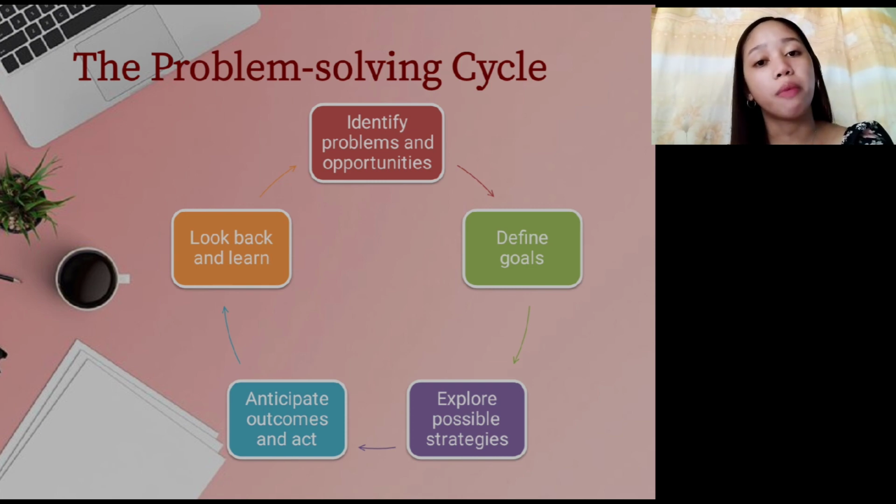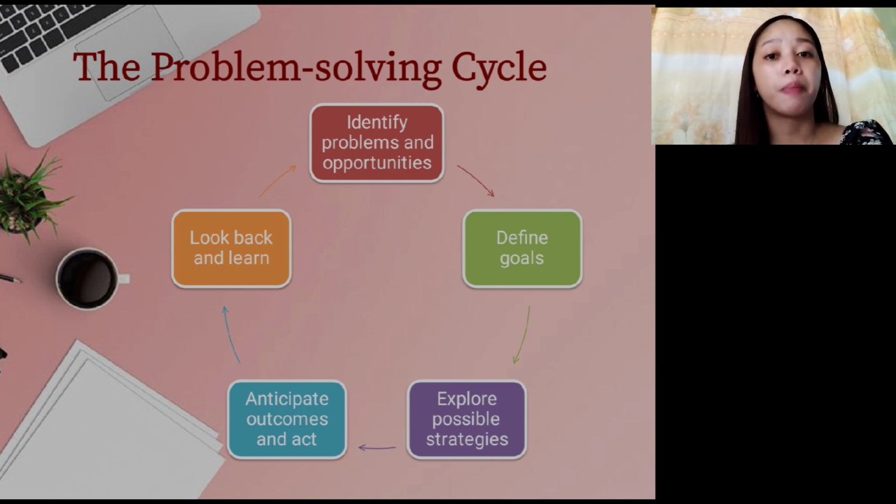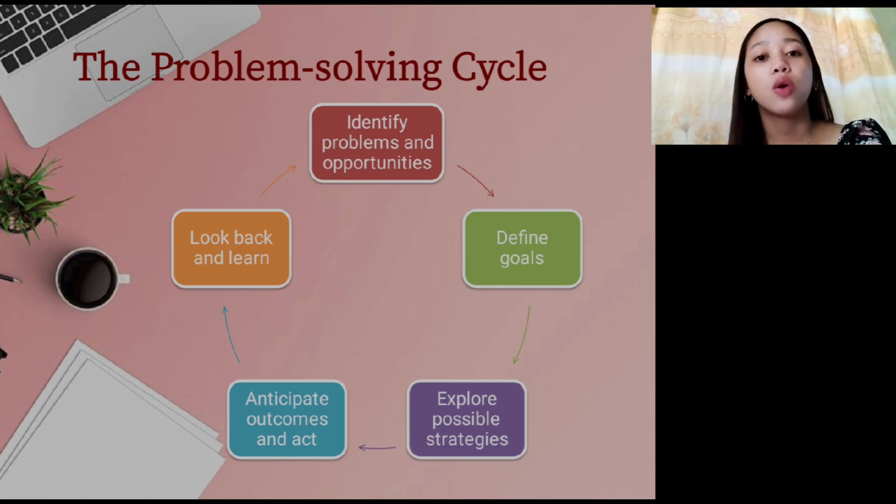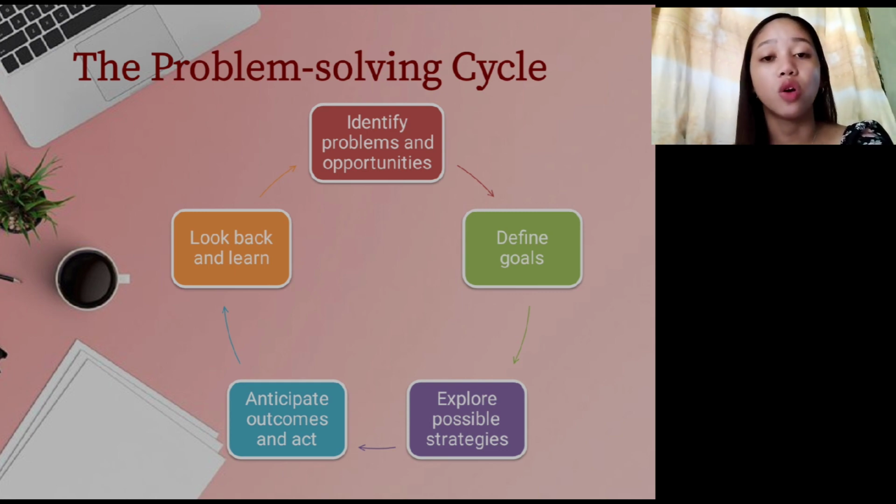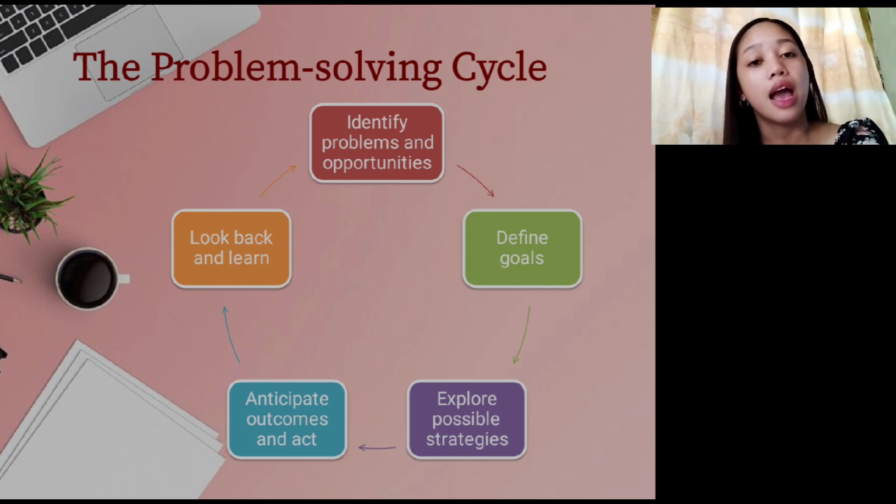You are to identify problems and opportunities, so you have to identify the problem and what the possible opportunities are to resolve it. Define the goals, what you should achieve. Explore possible strategies. You have to know strategies to solve the problem. Anticipate outcomes and act.